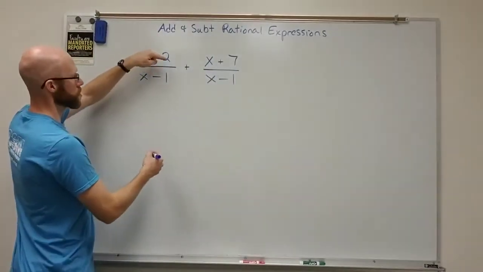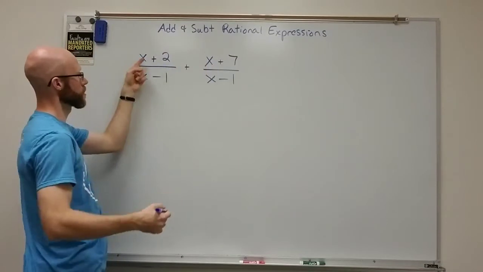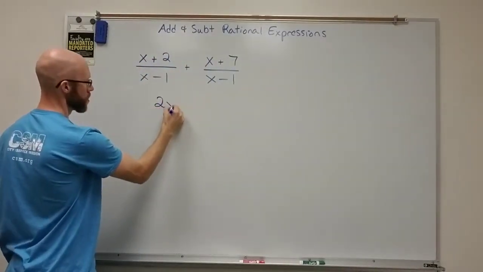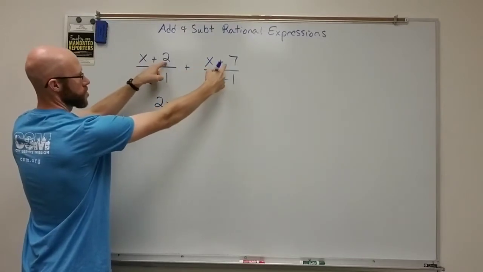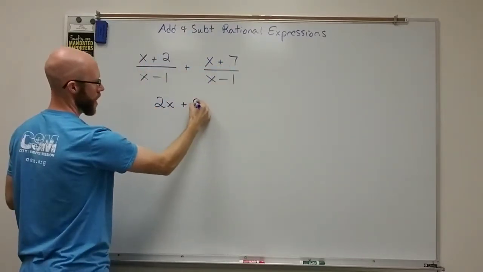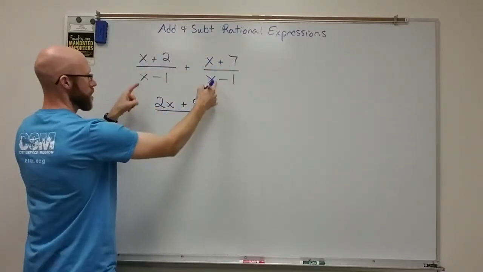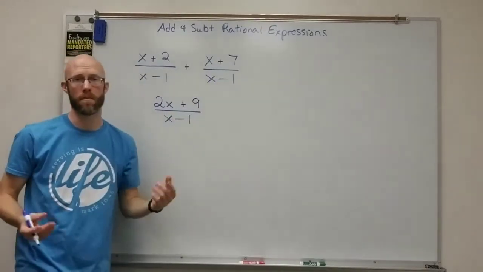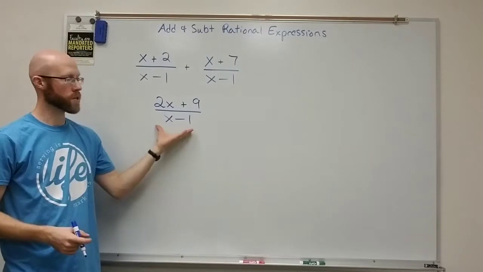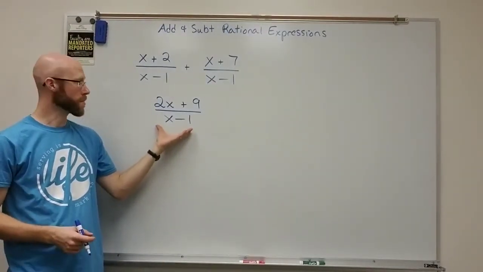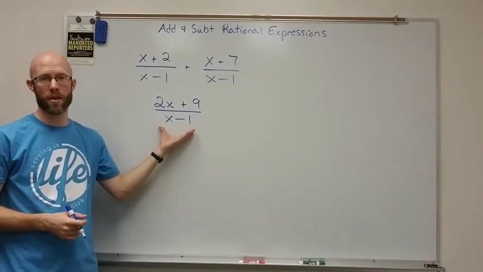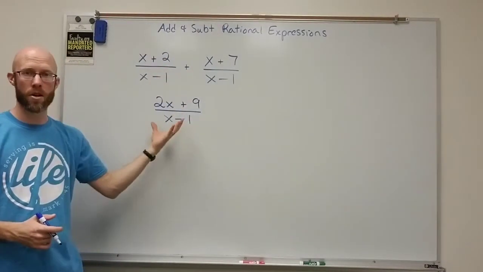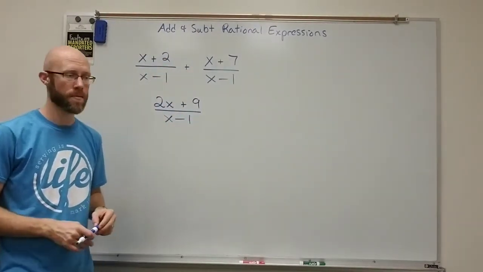So I have x plus 2 plus x plus 7. Combine like terms. X plus x is 2x, 2 plus 7 is 9, and the common denominator is x minus 1 on the bottom. And we're done. Okay, so if they already have a common denominator, they don't take a whole lot of work. It's just to combine the numerators and leave the denominator the same.